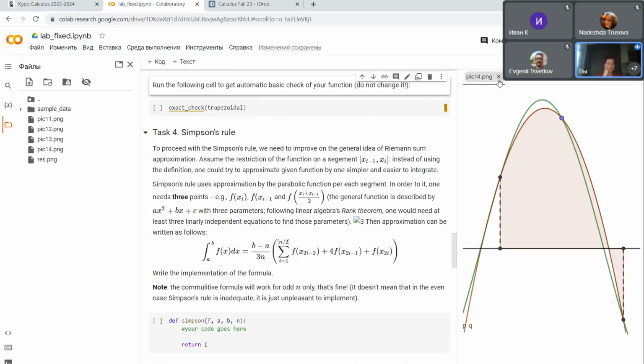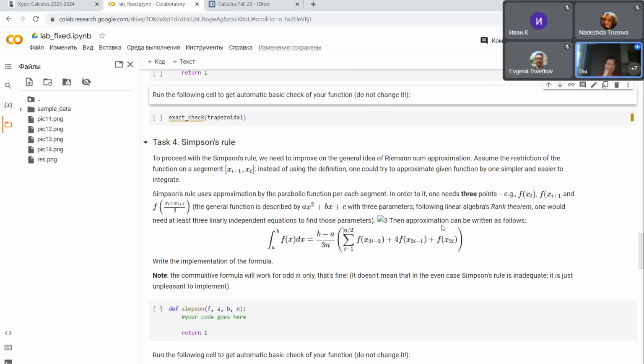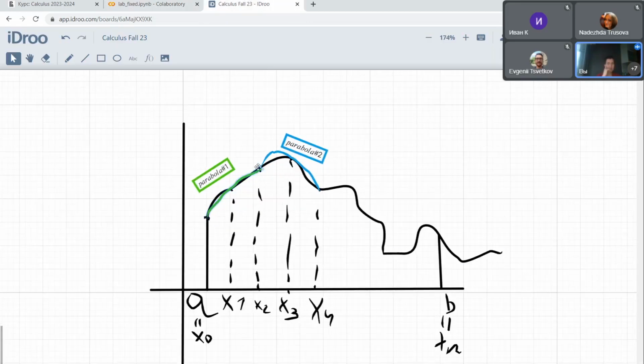We need some imagination. So what we can believe is that these curves are parts of parabolas.